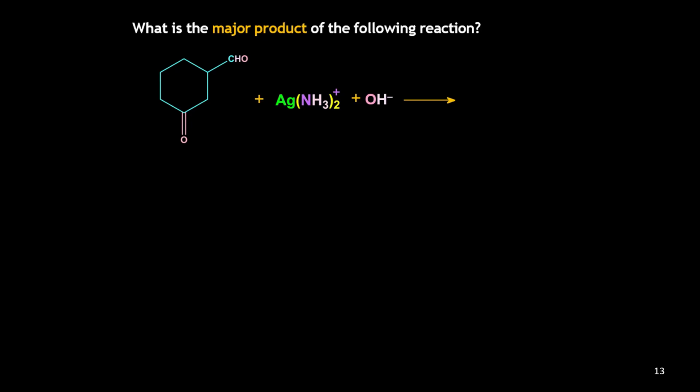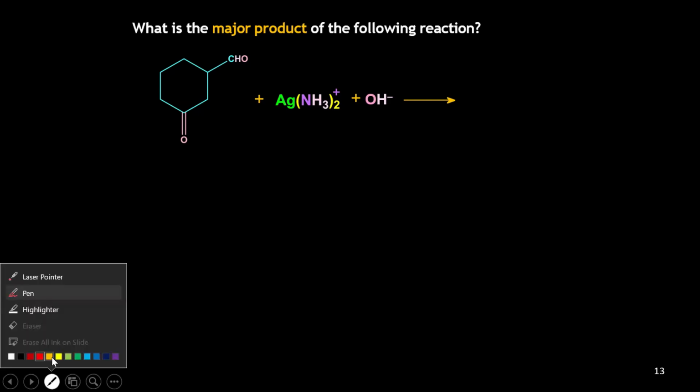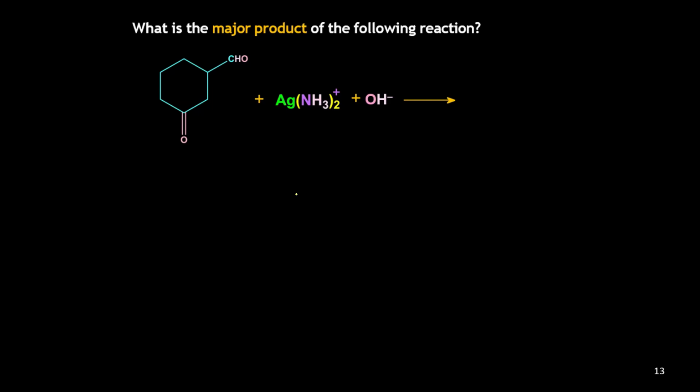So see here, what happens? It's not a benzene ring. It will form the double bond O. The double bond O will not be disturbed.